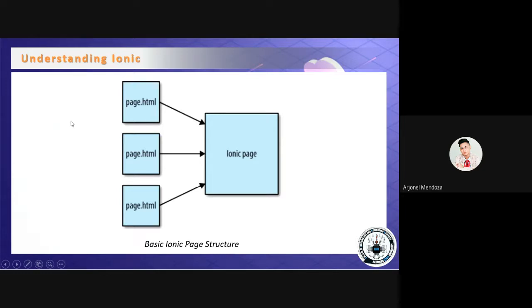Then the TypeScript file will be the function, how those components will work, or parang brain ng ating application, ng ating page. Tandaan yung tatlong base files for Ionic page structure.